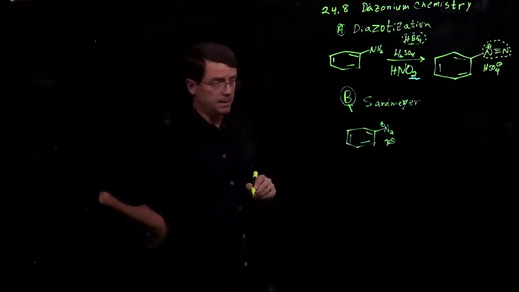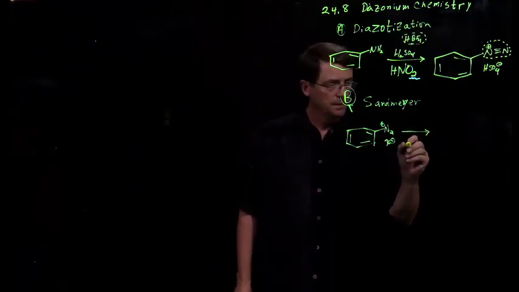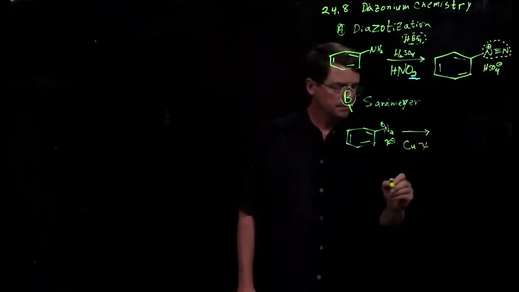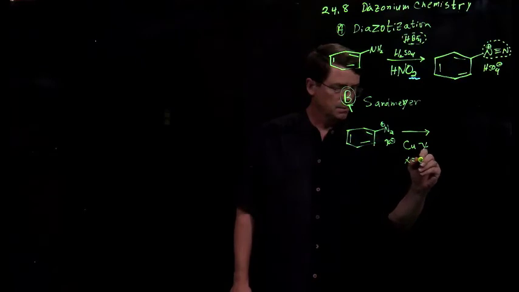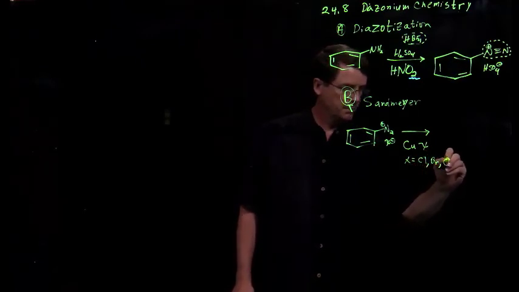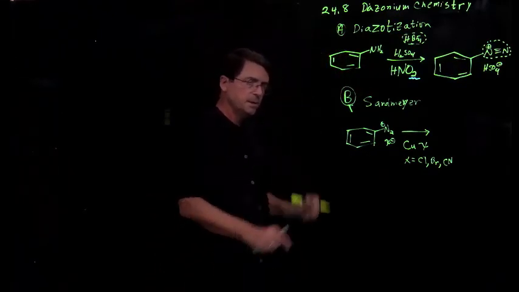It is the proper anion. So for instance, we're going to learn that in the Sandmeyer reaction with copper X, where X equals chloride or bromide or cyanide, we can couple these.